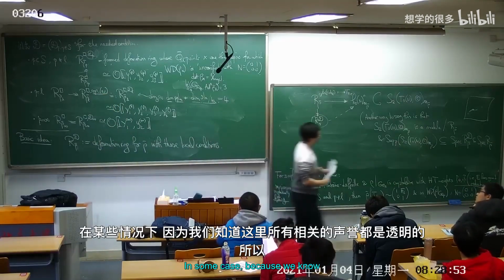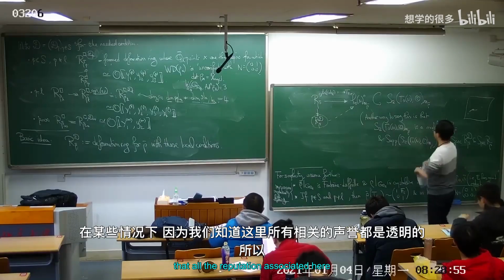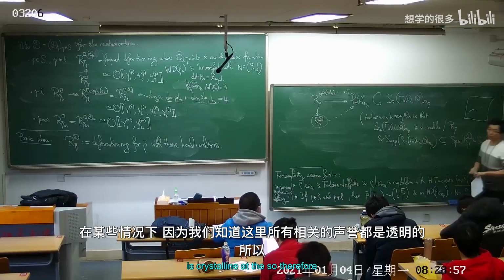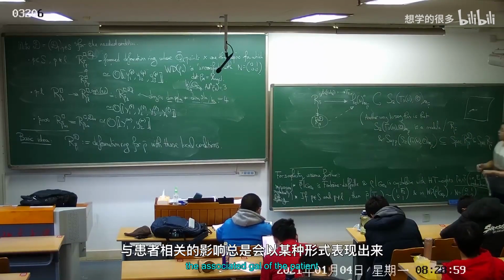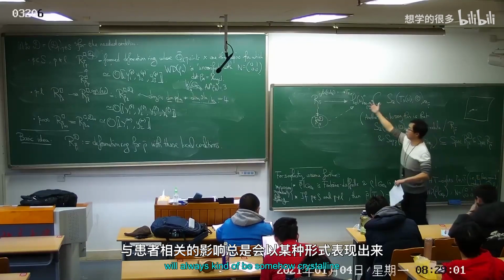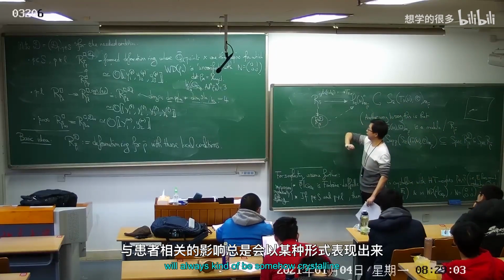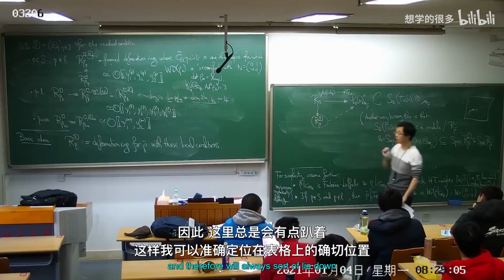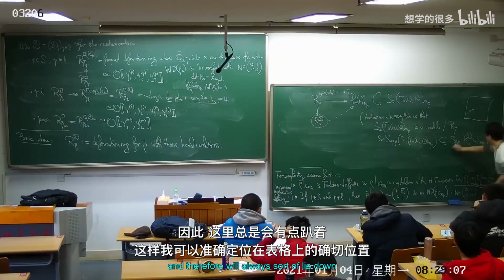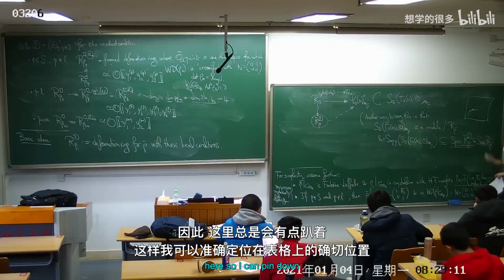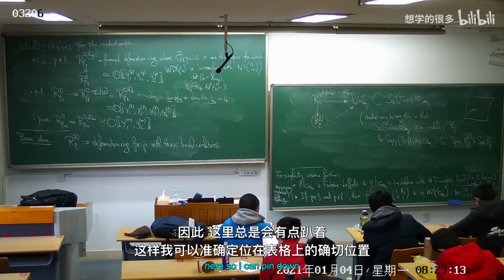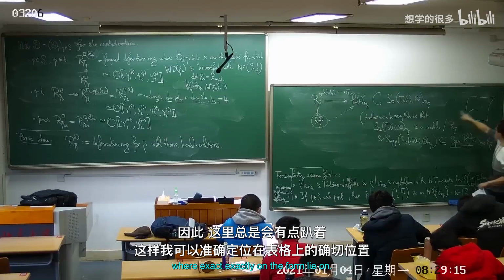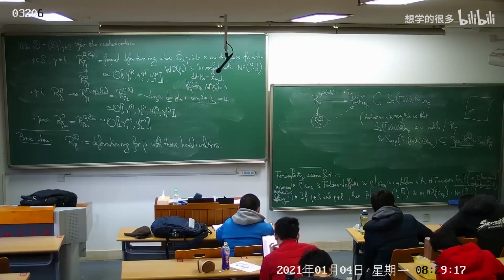Because we know that all the representations associated here are crystalline at P, the associated representation will always lie down here. So I can pin down where exactly the space of modular forms lies over here.